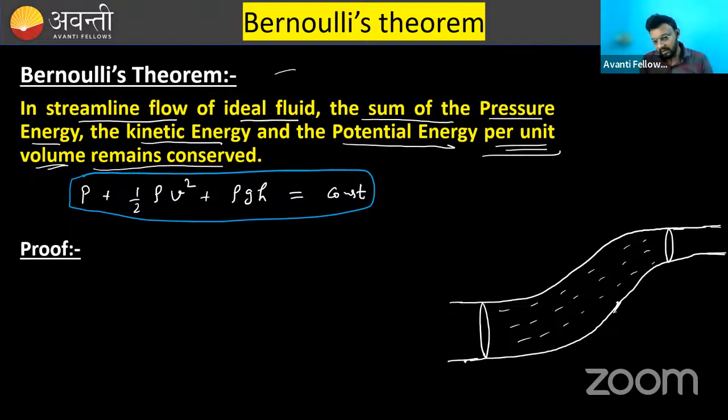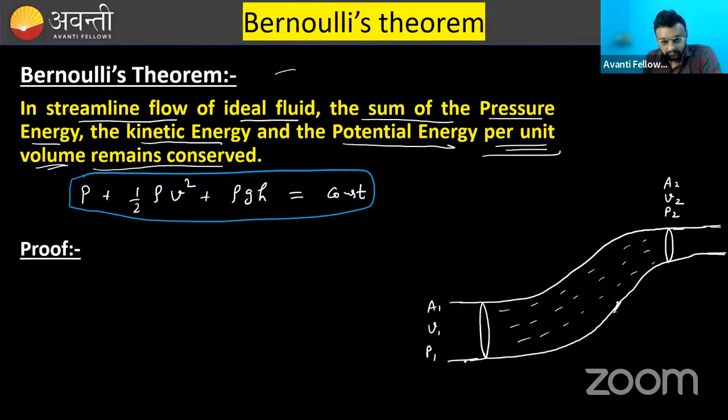Now taking a few more assumptions: the area at this end is A1, velocity is V1, pressure is P1. Again, at this end, area is A2, velocity is V2, pressure is P2. Clear? These are the parameters that I have assumed.